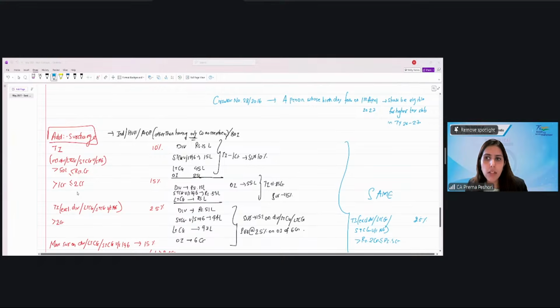Let us say the surcharge is, as I said, starting from 50 lakh rupees. Right? And let's just say I have income of 51 lakh. By 1 lakh rupees additional, I will start having the surcharge.